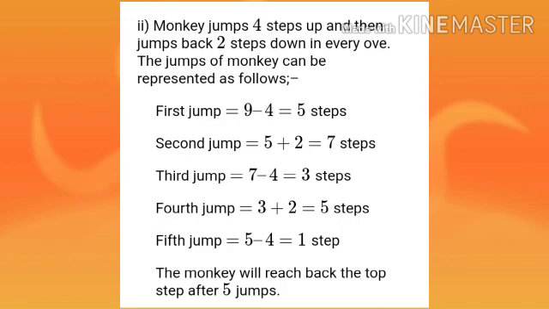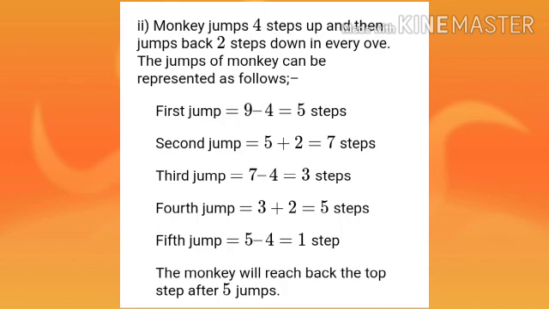Therefore, on the first jump the monkey is on the 9th step. When it moves up, which is represented by a negative sign, 9 minus 4 is equal to 5. Now the monkey is on the 5th step. From the 5th step, it jumps 2 steps down, then it reaches the 7th step in the second jump.